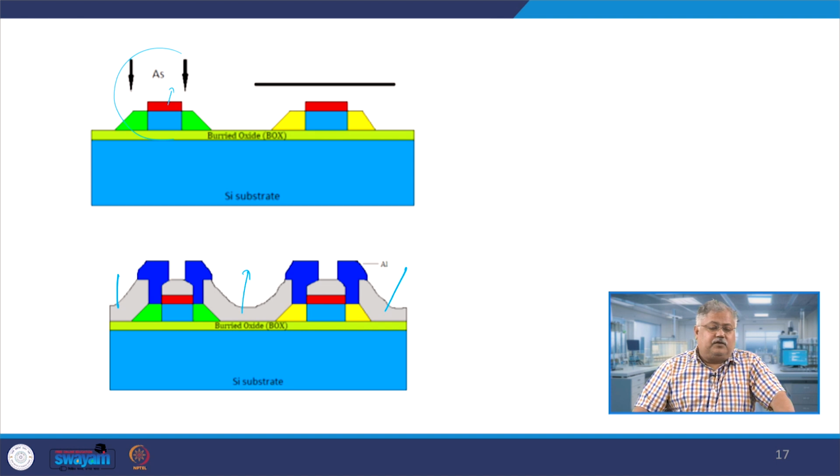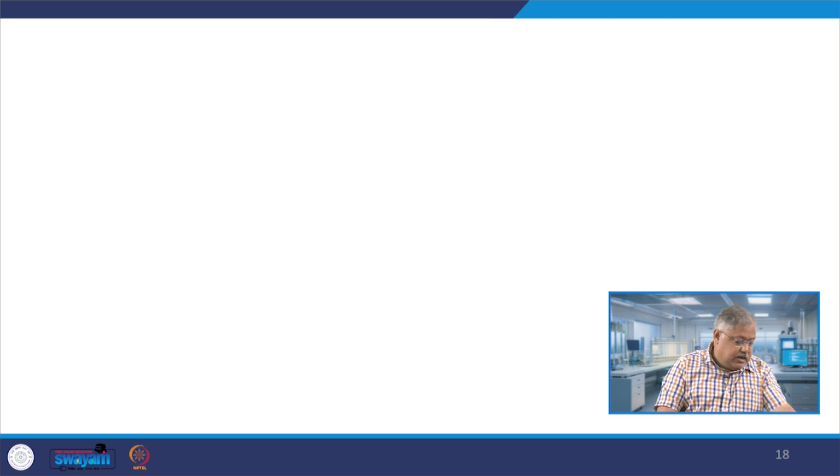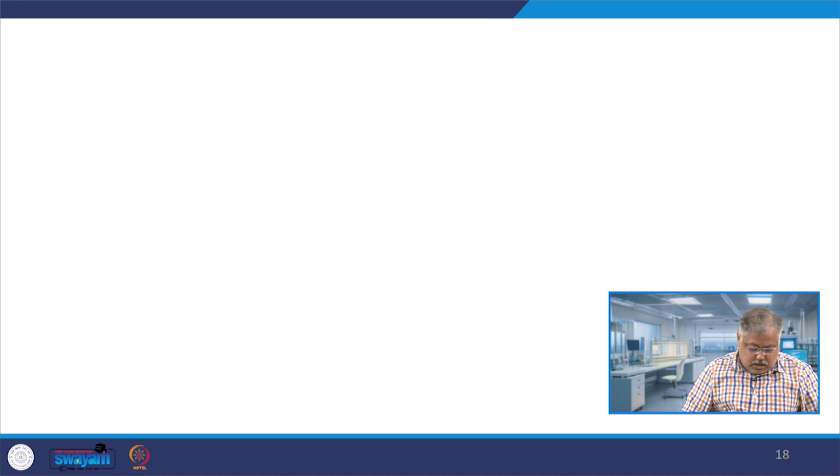You will get many such diagrams or explanations in open literature, but this is what we get in this case. Now let me give you the advantages while finishing this lecture. Some advantages of using this technology. Let me write down PDSOI.